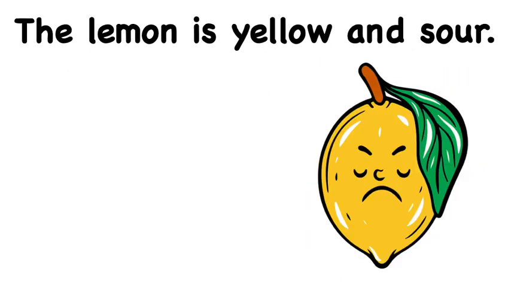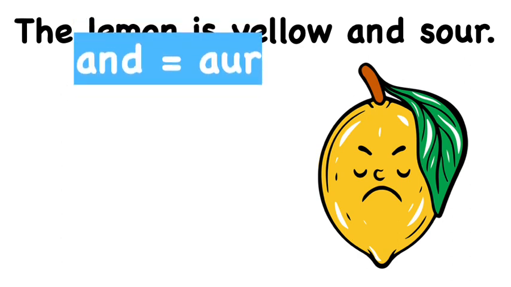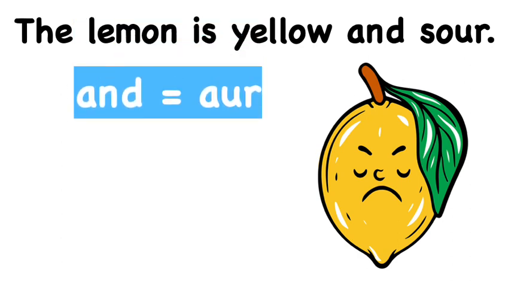The lemon is yellow and sour. Now in this one, you know how to say lemon, you know how to say yellow, and you know how to say sour. But let me introduce and. In Hindi, the way we say and is aur. So now that you know that, put the sentence together. The lemon is yellow and sour.